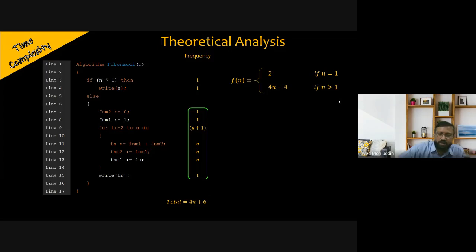In this case, for n less than or equal to 1, we can say it takes constant time, that is 2. And if n is greater than 1, then it takes 4n plus 4 times for execution.